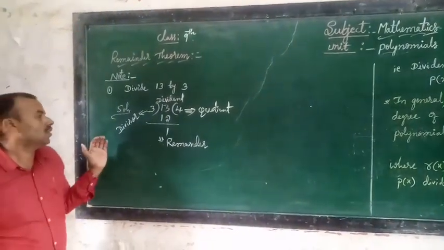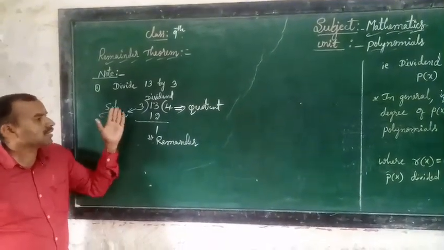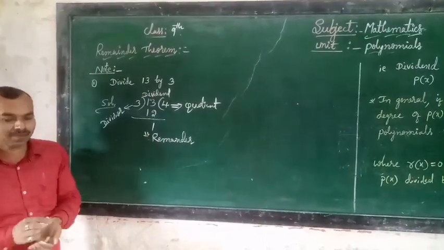In the lower classes they already learned divisor, dividend, quotient, remainder.